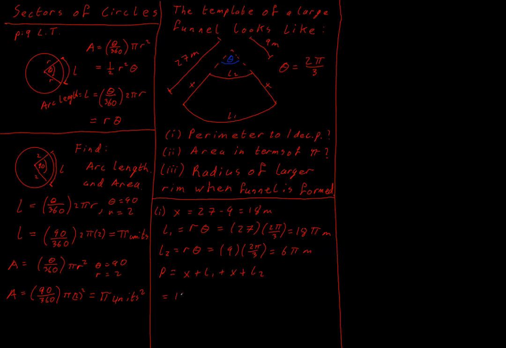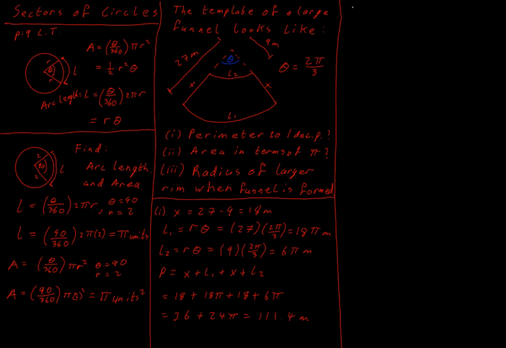It's going to be 18 plus L1, which is 18 pi, plus 18 plus L2, which is 6 pi. Ends up adding up to 36 plus 24 pi, but we were asked for our answer to 1 decimal place, and that happens to work out to 111.4, and we remember that we're dealing with meters for perimeter.